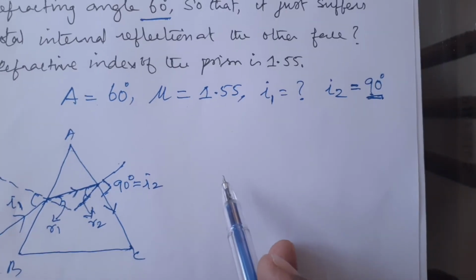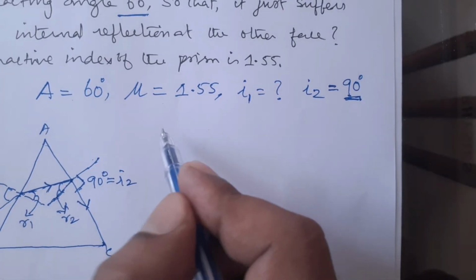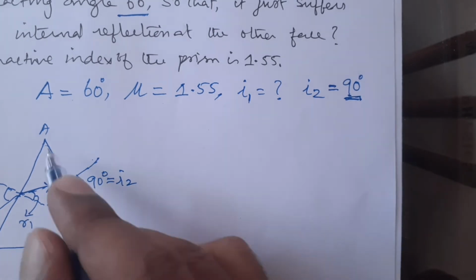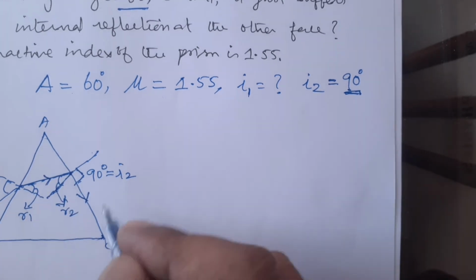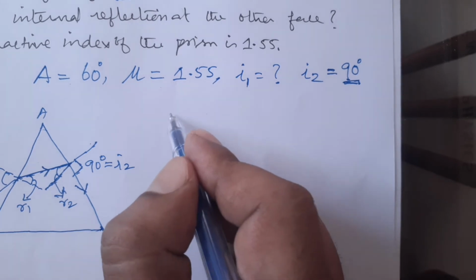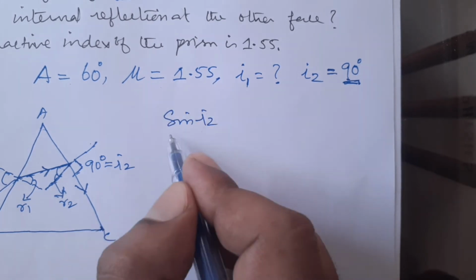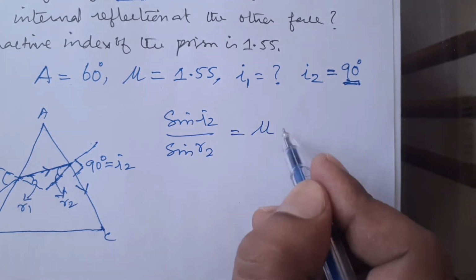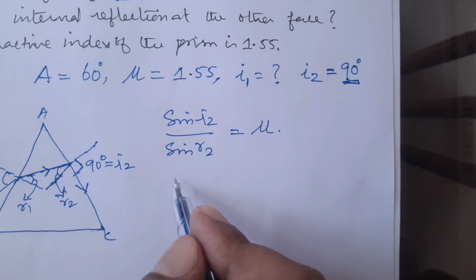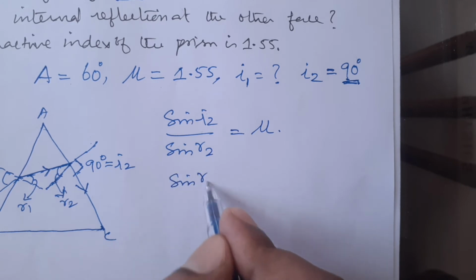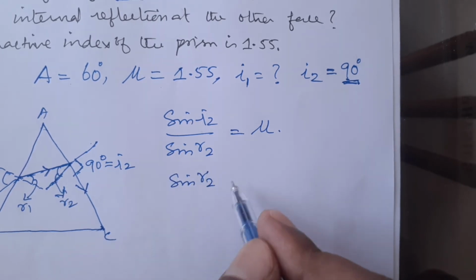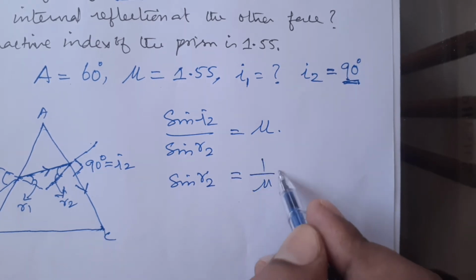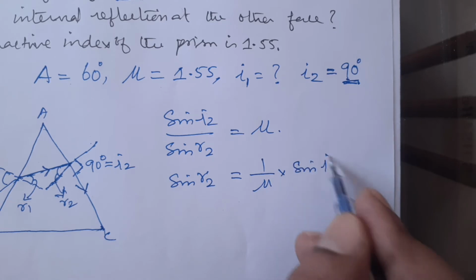Now we will go for the calculation. From Snell's law, apply Snell's law to the second face AC. You can write sine of I2 by sine of R2 equal to refractive index mu, or sine of R2, because we are going to calculate R2 first, equal to 1 by mu into sine of I2.